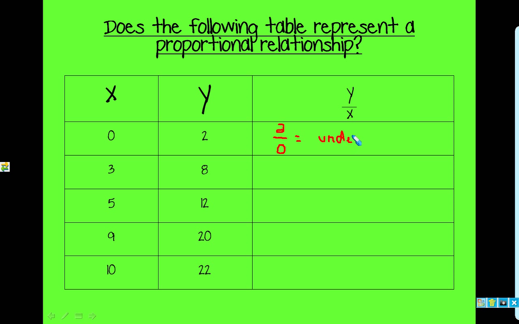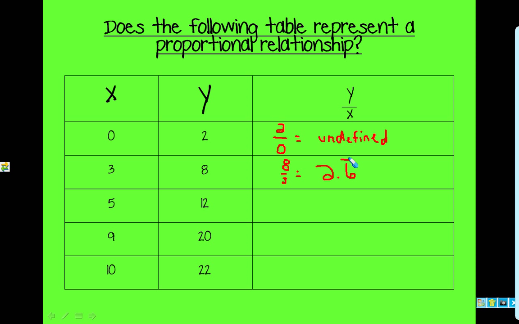The 0 can be on top, but it never can be under. It does not give you an answer. Here we have 8 divided by 3. You can always use your calculator if you would like. And you will get 2.6, and it is a repeating decimal.